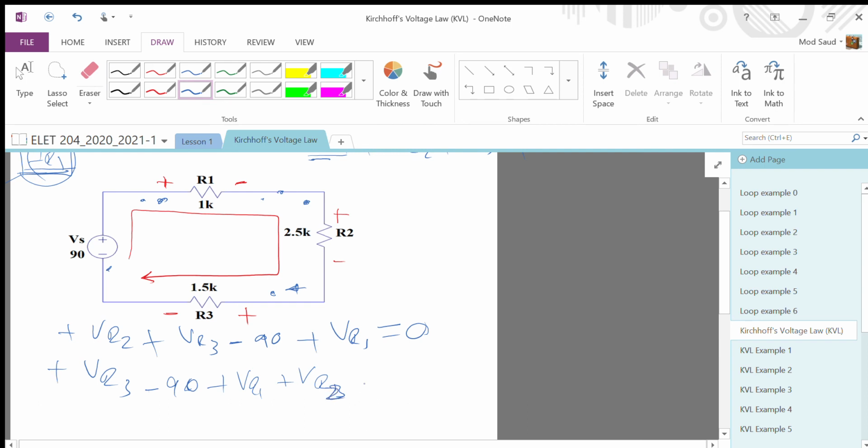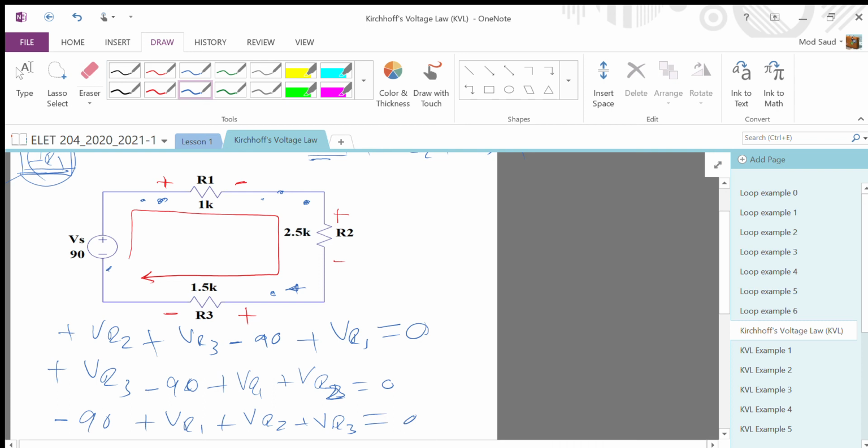Enough, I don't need to repeat myself. Third one, if you want to start at the supply, minus 90, your first thing you see is minus 90 plus VR1 plus VR2 plus VR3, and then minus 90 again. So enough, I don't need to repeat myself.